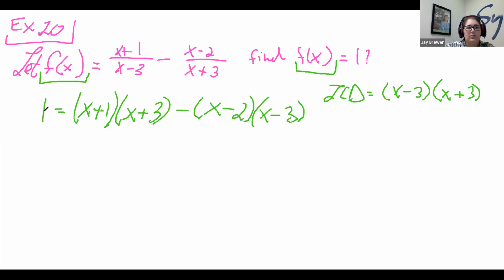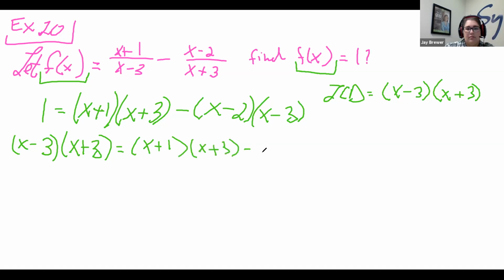Okay, so essentially 1 is going to be multiplied by your LCD. So x minus 3, x plus 3 equals x plus 1, x plus 3. Okay, and now we're actually going to FOIL 3 times. Then we'll simplify.